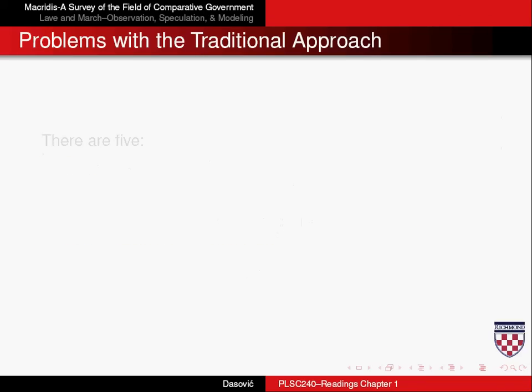The Macridis reading essentially sets up a look at the traditional manner in which comparative government, as it was called then, or comparative politics, was studied by researchers. And Macridis, writing in the 1950s, was arguing for a new way to analyze comparative political phenomena.